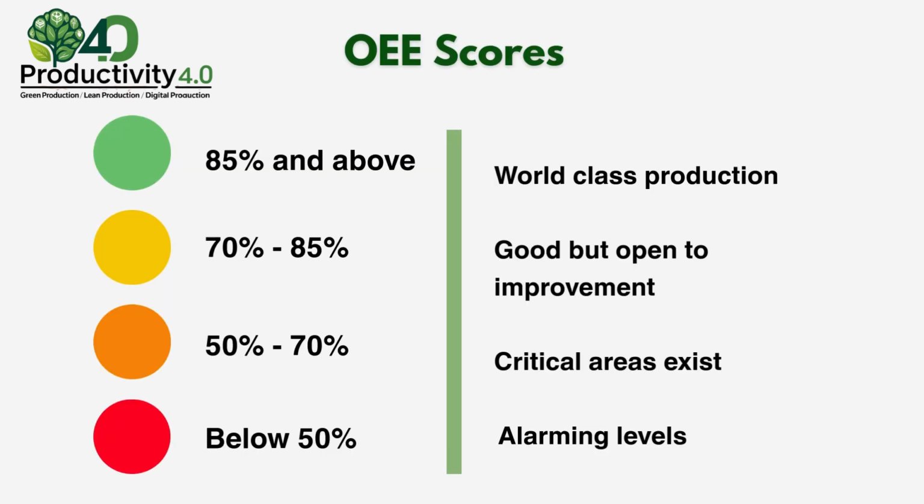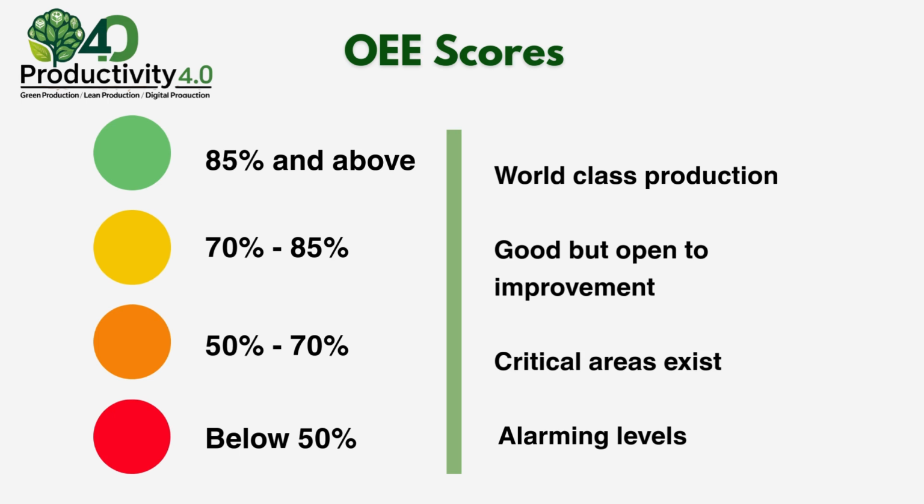Specific scores are used to interpret OEE, and these ranges clearly show the status of our production efficiency. OEE of 85% and above represents world-class production and indicates that machine efficiency is very high. OEE between 70% and 85% is a good level but still indicates that there is room for improvement.